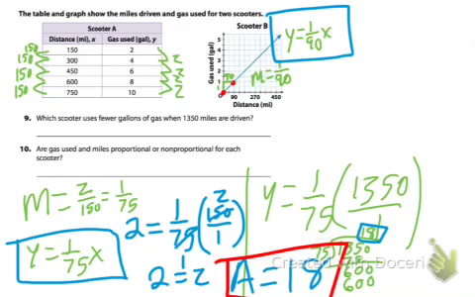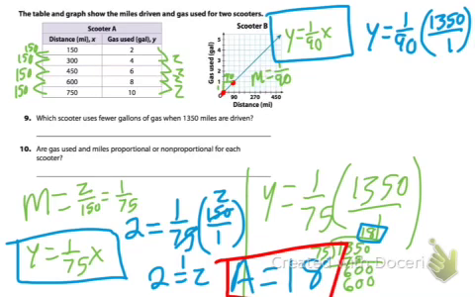And let's go to scooter B. Y equals 1 over 90 times 1,350, and we're going to put that over 1. So we're going to do the same thing. 1,350 divided by 90. Goes into it once. 90 minus, and we get 45.